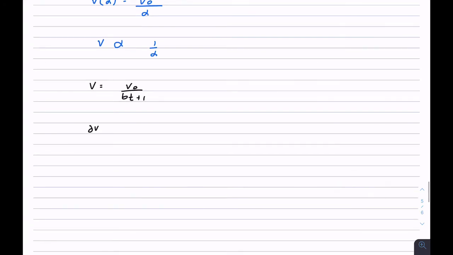We want to find dv dt. Remember we just have a constant here, so it's going to equal negative 1 times v naught over bt plus 1 all squared, times dt dt, which is just equal to 1.